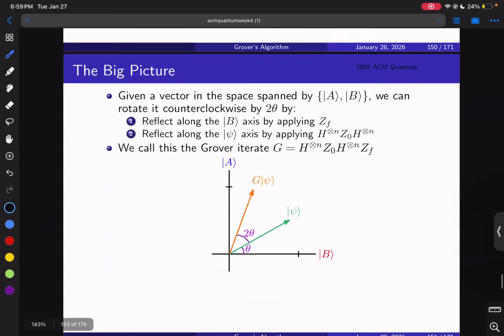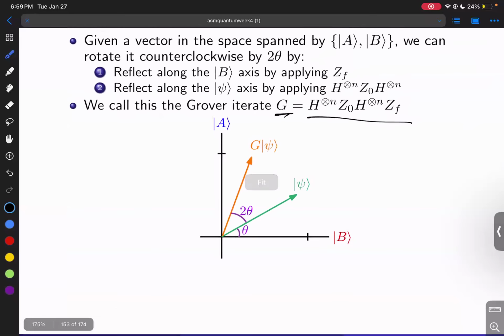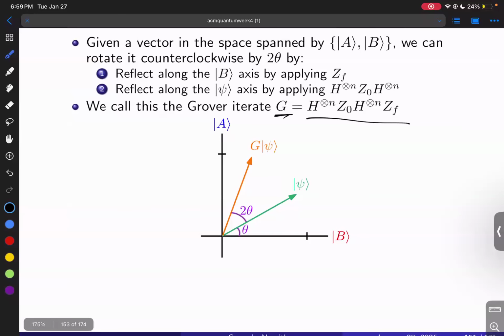Does that make sense? And this is one iteration of the algorithm that will rotate by 2 theta. So we package all these gates into what we call the Grover iterate, which is this G, which is all those gates together. And so if you have some psi in this A and B space, you apply the Grover iterate G, it's going to rotate it counterclockwise by 2 theta. And that'll get you, in general, closer to the A axis. Make sense?